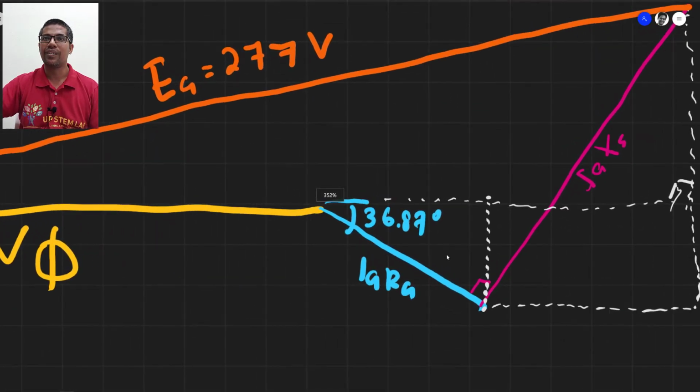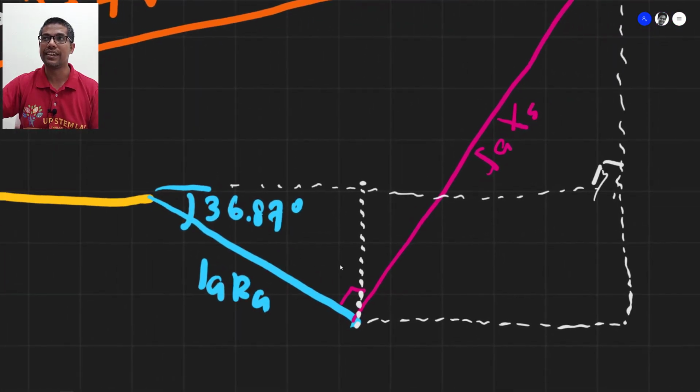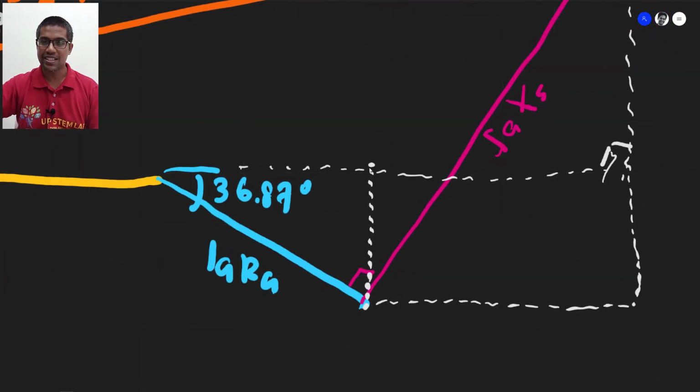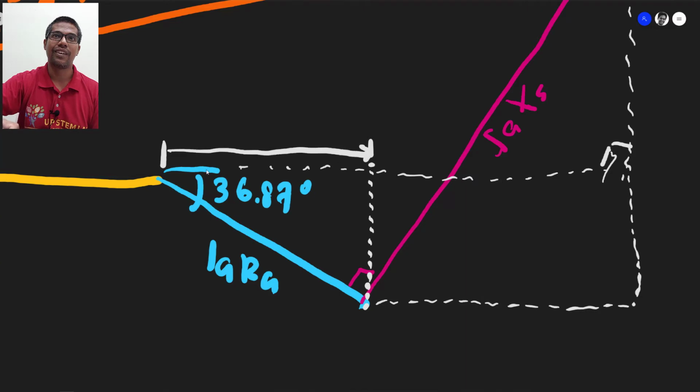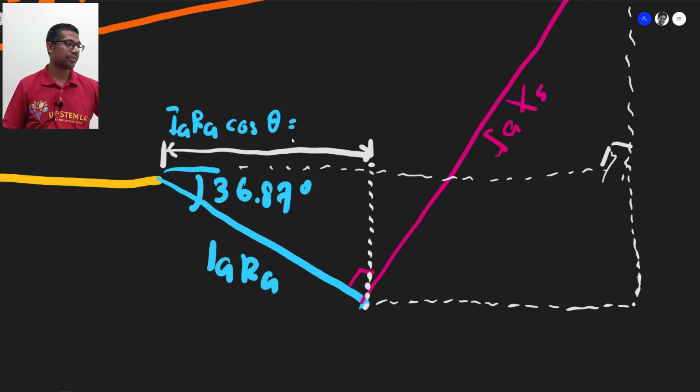So now we will decipher the information. First, this information from this point to that point. What is it? Yes, you are right. This one is IA RA cos theta. What's the number?